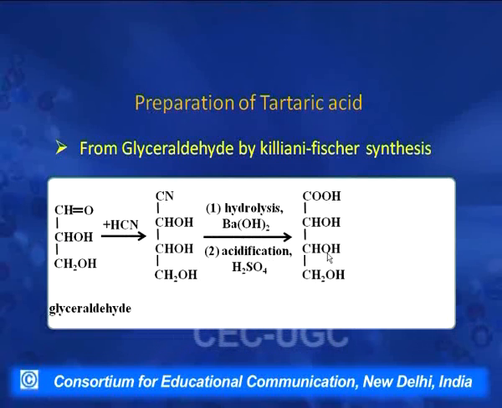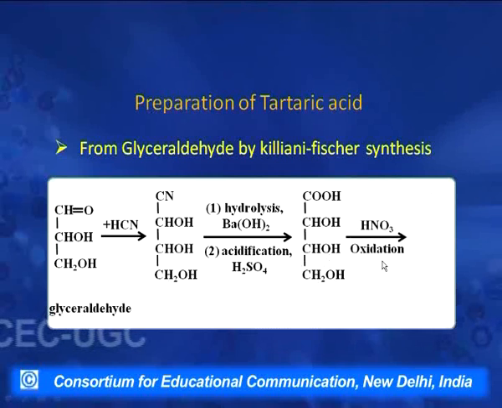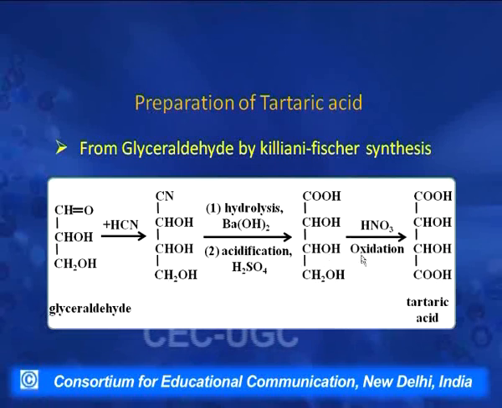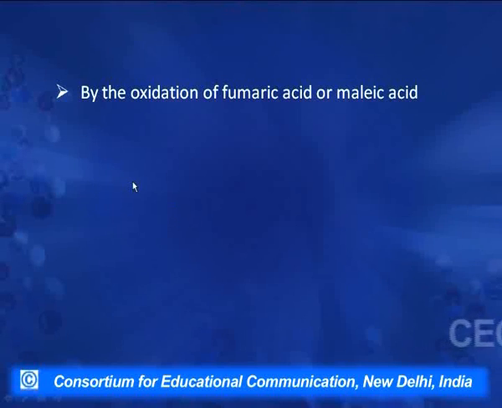Now, these two are secondary hydroxyl groups, this is a primary alcoholic group, and on mild oxidation this can be oxidized and we ultimately get tartaric acid in this. Then this tartaric acid can be obtained by the oxidation of fumaric acid or malic acid.